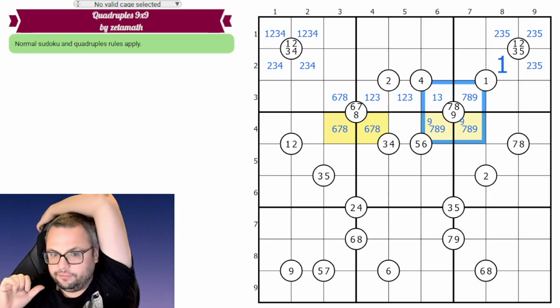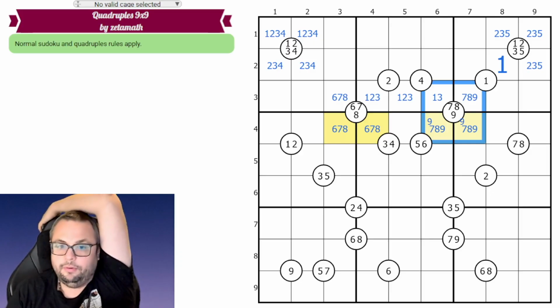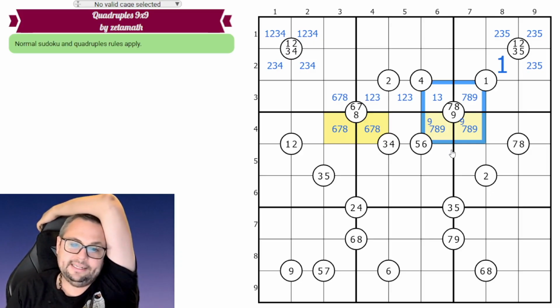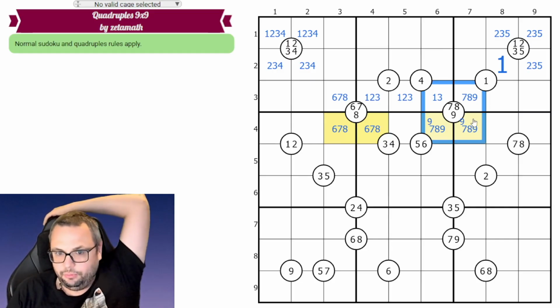That's, on the surface, fine, because the rules of quadruples don't tell me I can't put 2 9s around the quadruple. But it's actually not fine, because then I've put 2 9s around here, but I've also put a 1, 3. And if I put 2 9s and a 1, 3, that means I've only got one space left for the 7 and the 8, and that doesn't work.